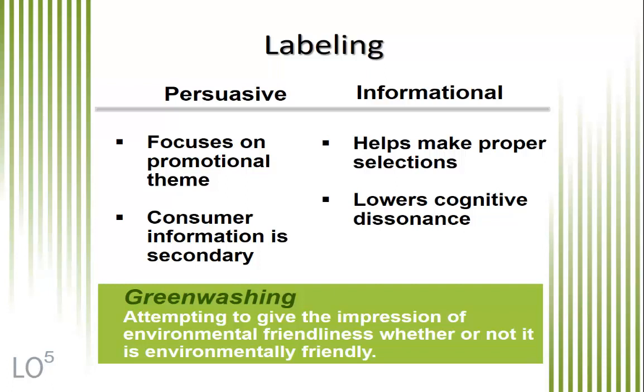Persuasive labeling focuses on a promotional theme, and consumer information is secondary. But informational labeling helps customers make proper selections, and it also lowers cognitive dissonance. Greenwashing is attempting to give the impression of environmental friendliness, whether or not it is actually environmentally friendly.